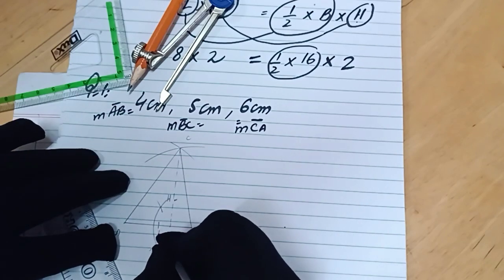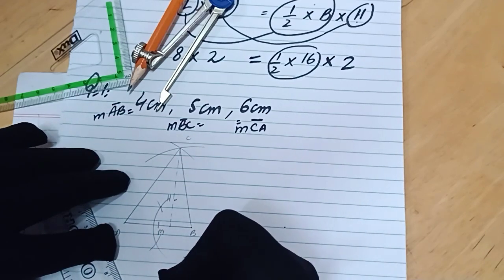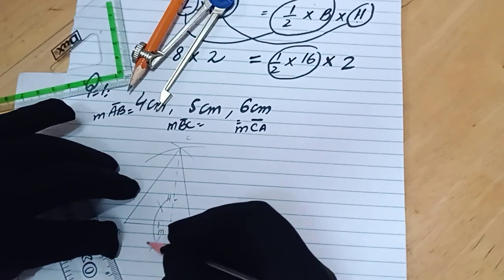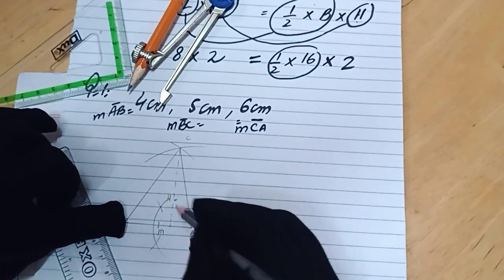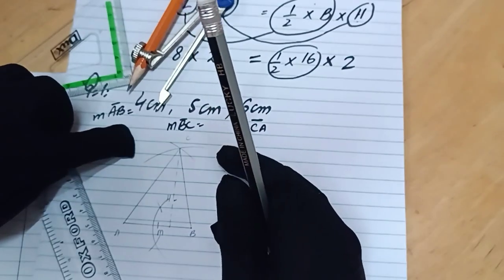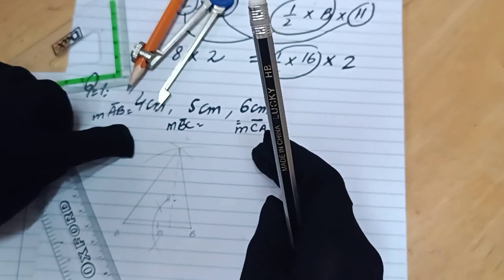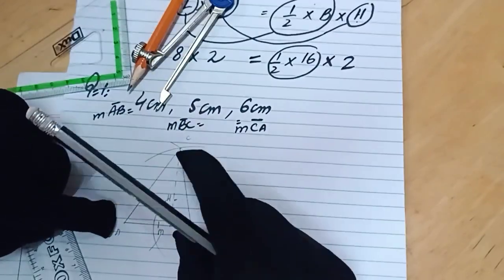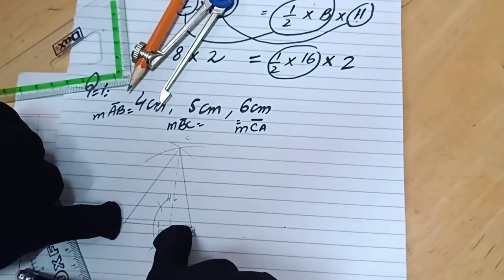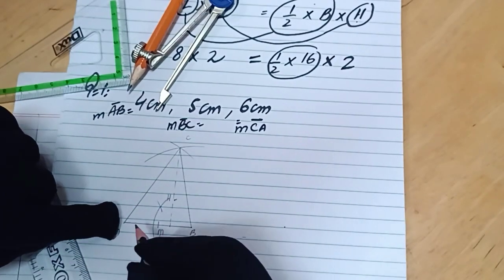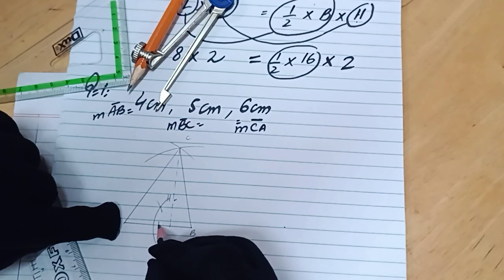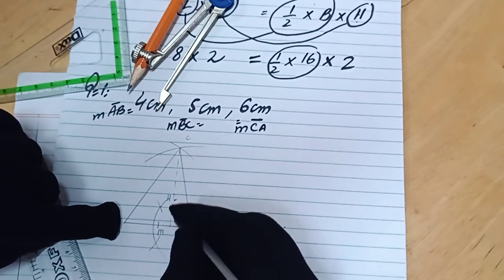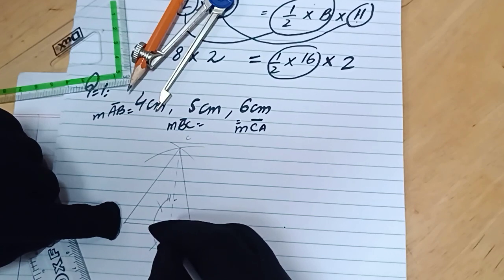We can name it as M. We need to draw a parallel line to this one so that we can construct a rectangle, because we have taken the height and we have taken half of the base. This is our half of the base, and this is the height of the rectangle.